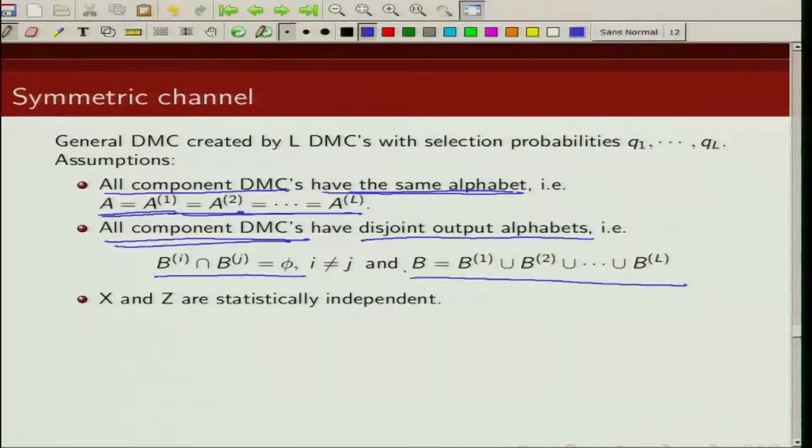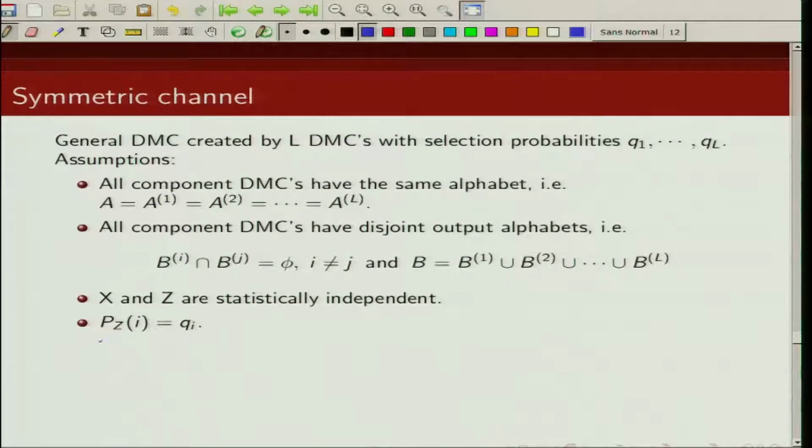And the selection, which is denoted by the random variable Z, is independent of X, and the selection probability is given by Qi.